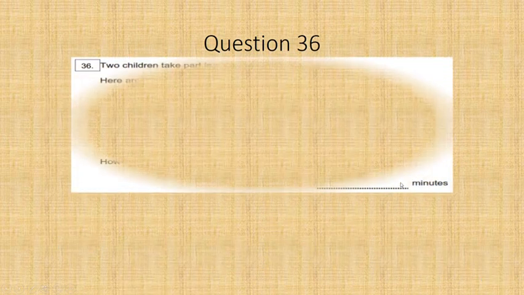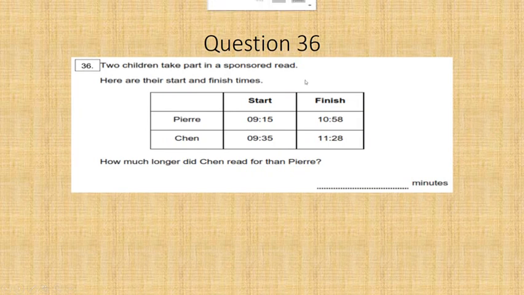In question number 36, two children take part in a sponsored read. Here are their start and finish times. Perry starts at 9:15 and finishes at 10:58. Chen starts at 9:35 and finishes at 11:28. How much longer did Chen read for than Perry? So I have to know the duration that each one of them read.